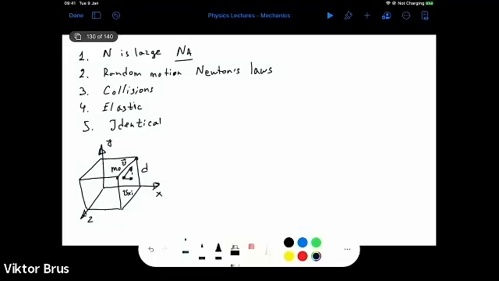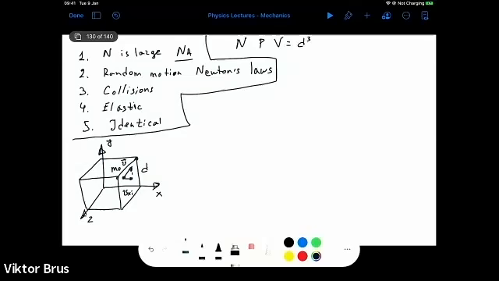Okay, so in this container, let's define these conditions here. We have N molecules, and they create pressure on the walls, which is P. The volume of the container is V, which is equal to d cubed, where d is the side of the cube.